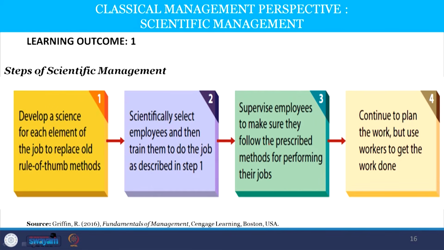So, in the classical management perspective, the learning outcomes are the steps in scientific management. Develop a science for each element of the job to replace the old rule of thumb methods. They proposed that there is science in every activity performed, in every job, and we must find out how scientifically we can perform a job. Scientific selection of employees and training employees to improve performance on the job.